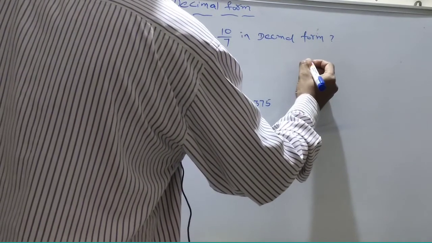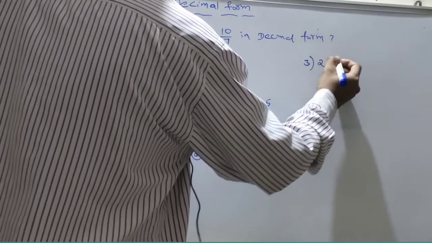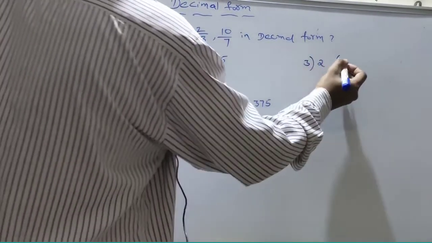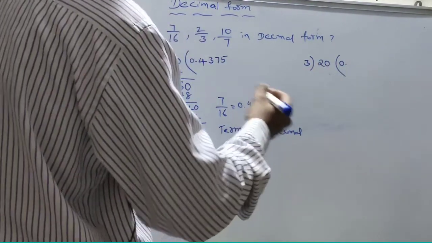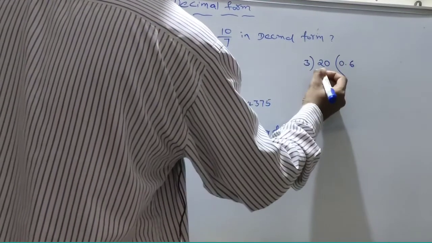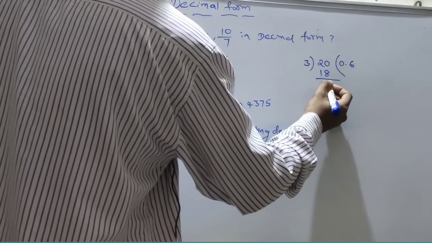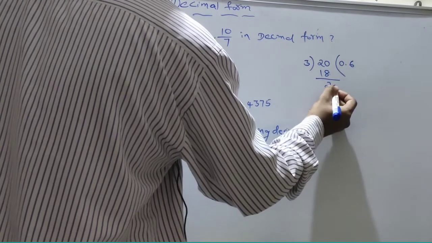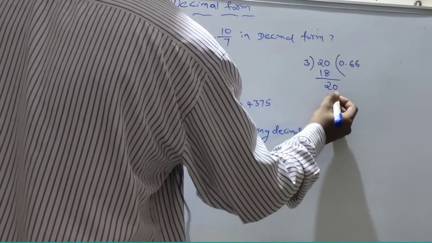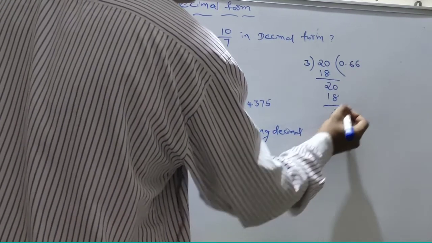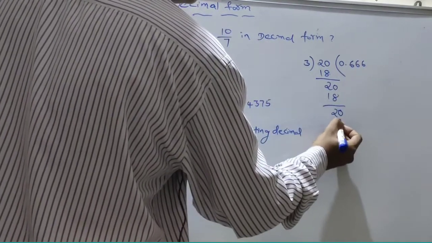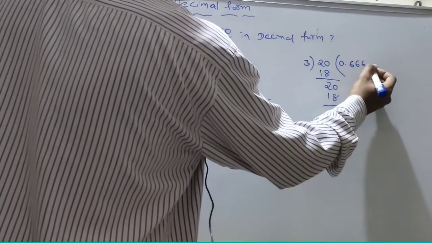So divide 2 by 3, and again the same process, keep here 0 point, we get 20. Now 3 6s are 18, 20 minus 18 is 2, again 0, 3 6s are 18, remainder 2, and again 0, 3 6s are 18, 2. So it goes on.